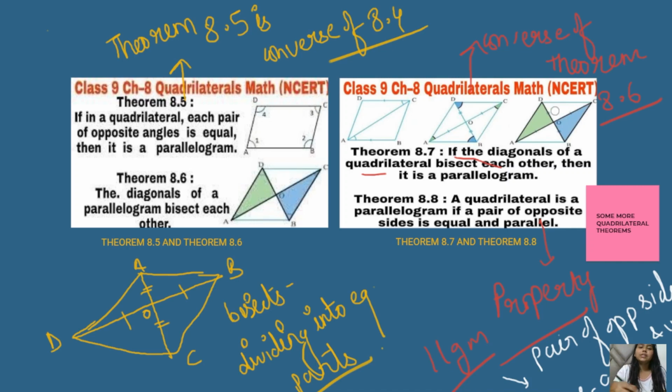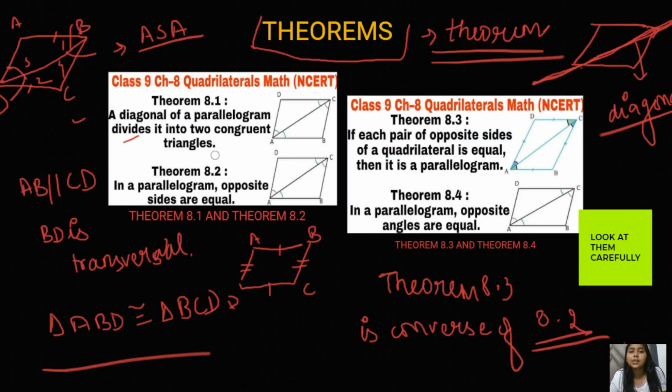So let's have a quick revision of these theorems. Theorem 8.1 suggests that the diagonal of a parallelogram divides it into two congruent triangles. Theorem 8.2 says that in a parallelogram two opposite sides are equal. Theorem 8.3 is the converse of theorem 8.2, which suggests that if the pair of opposite sides are equal, then it is a parallelogram.